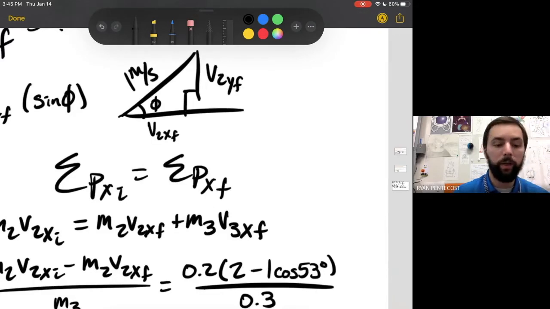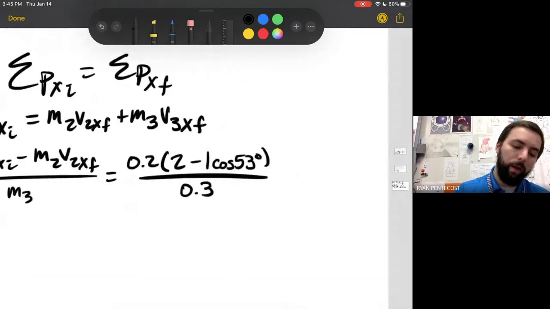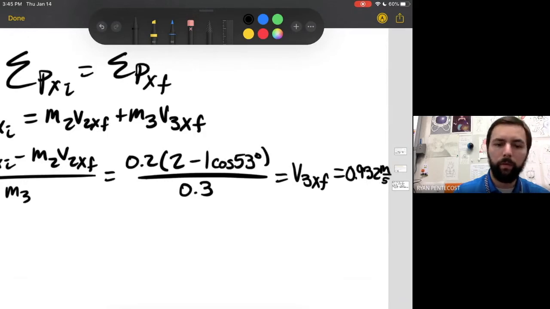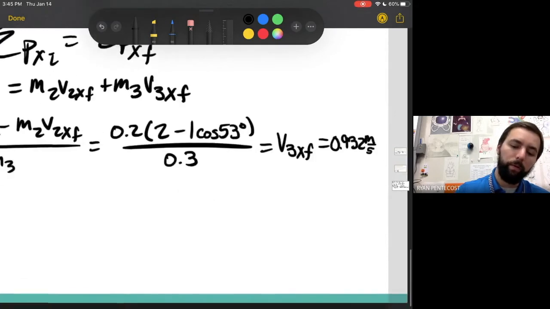So to get the adjacent, you would use cosine. And this equals V3xf, which is 0.932 meters per second. Good deal. Sorry for the penmanship, I was running out of room.